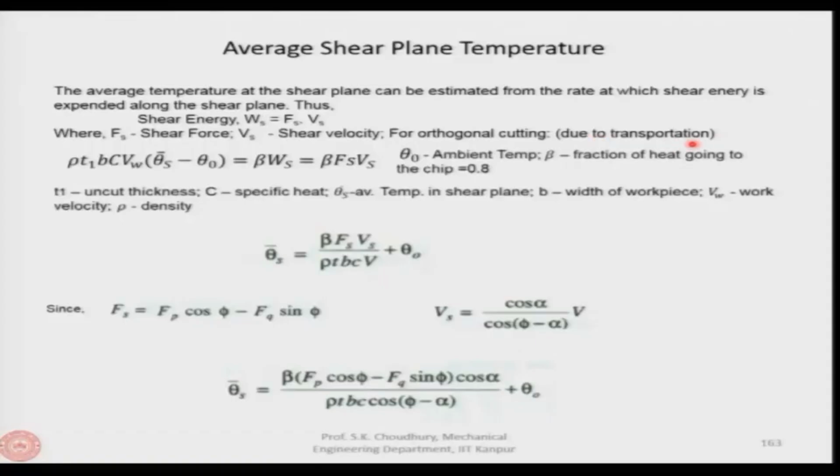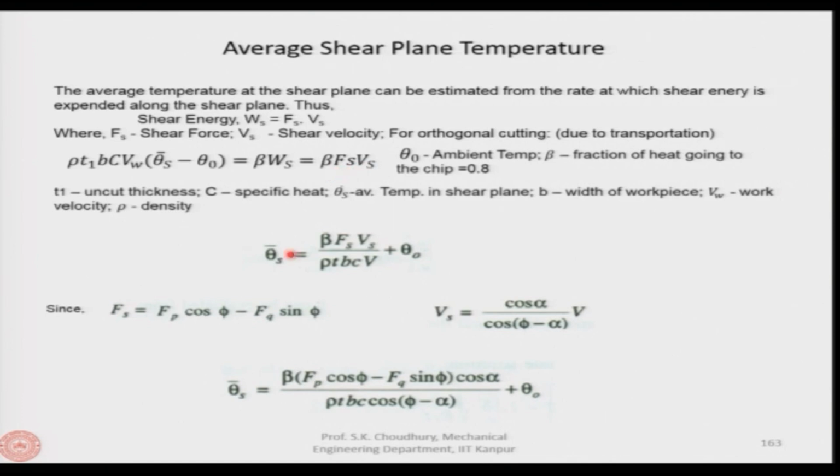So once again, for orthogonal cutting due to transportation, this is the equation we know from thermal engineering. The heat going to the chip will be 0.8 into the shear energy expended. So, Ws equals Fs into Vs, and we can substitute this.